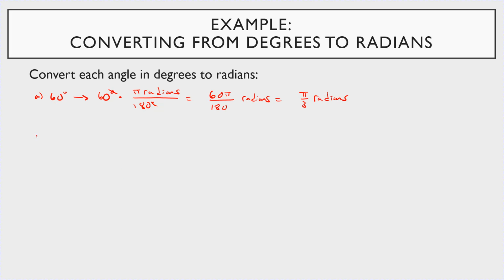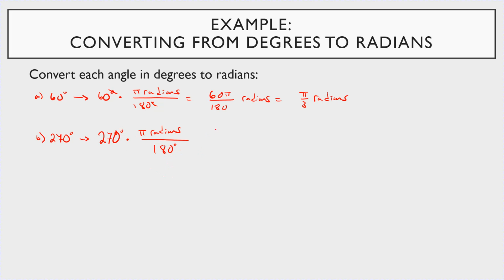Let's try this one. Let's look at 270 degrees. All right, so I want to write that in radians. So 270 degrees, all you're going to do is always multiply it by pi radians over 180 degrees. Well, the degrees cancel, okay?